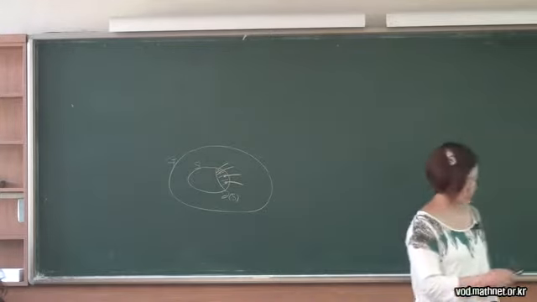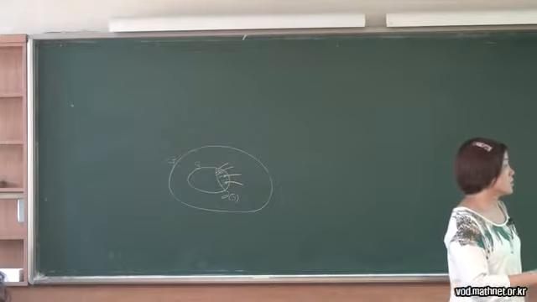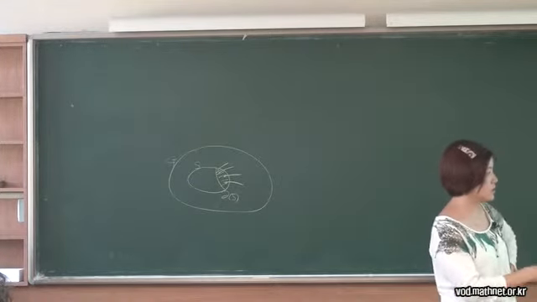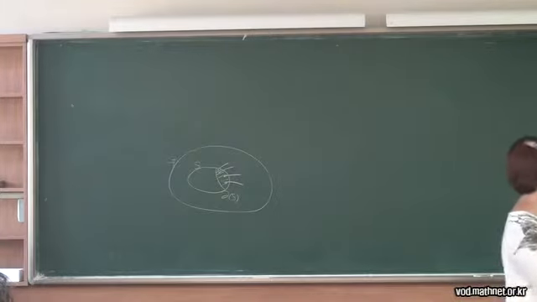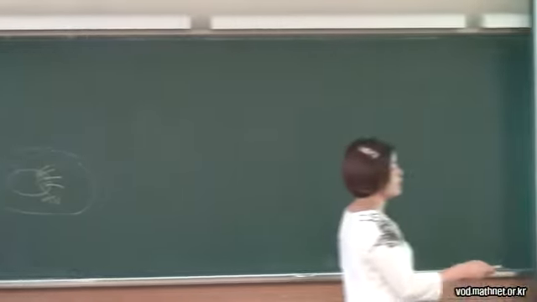Eccentricity of a vertex. The eccentricity of a vertex U in a graph G is the maximum distance between the vertex U that we have specified here and every other vertex.